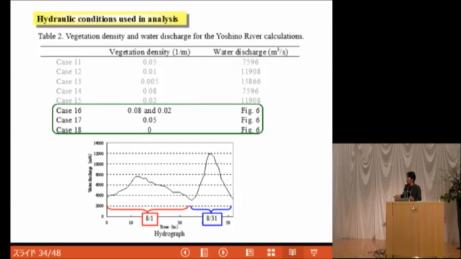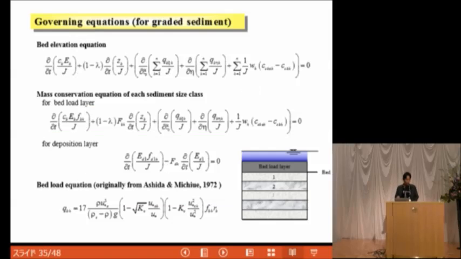In this calculation, we supply the hydrograph from the upstream end like this one. We focus on these two floods in this calculation. And we treat the bed material as a graded material. But today I focused on the relationship between the vegetation and the bed formation process, so I don't talk about these models.